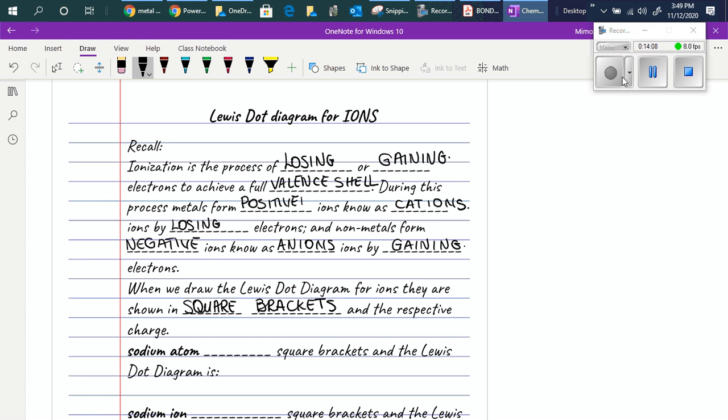So for the sodium atom, when we are drawing the Lewis dot diagram, we do not use square brackets.